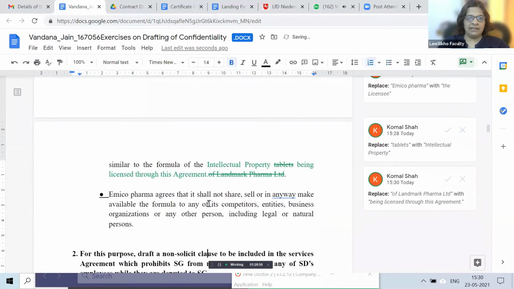The licensee agrees that it shall not share, sell, or in any way make available the formula to any of its, not its competitors, competitors of the manufacturer. Okay. It is dangerous for them to make it available to their own competitors anyway.